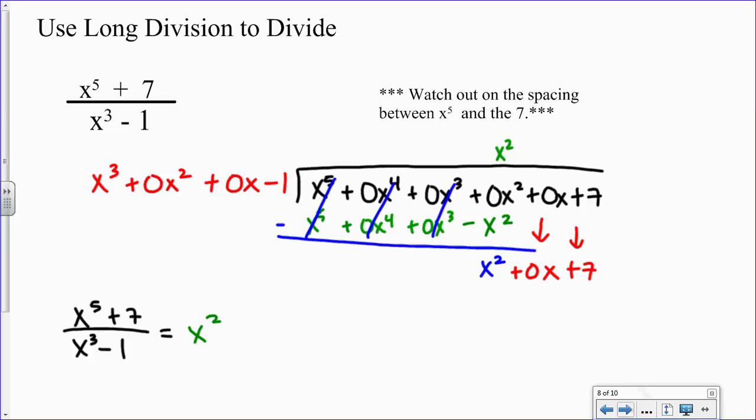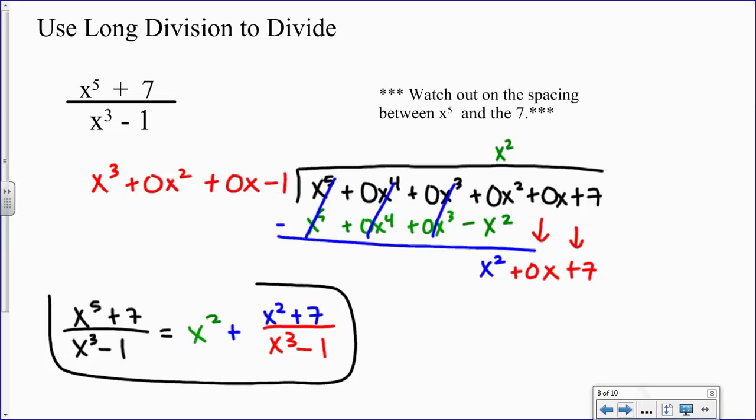And then my remainder is x squared plus 7, so you do not need to write that 0x, over your divisor, which is x cubed minus 1. Okay, tomorrow we'll do synthetic division. It'll shorten this process up. But we need long division when we're dividing by like quadratics, by things that aren't linear.